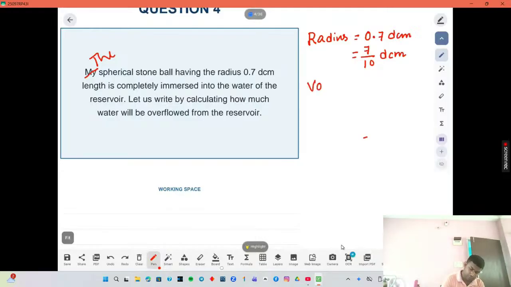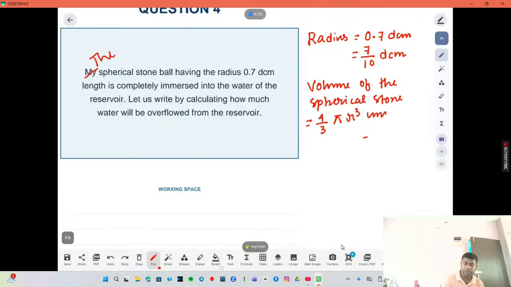So the volume of the spherical stone is equal to 4/3 pi r cube unit cube, which is equal to 4/3 into 22/7 into 7/10 into 7/10 into 7/10 dcm cube.